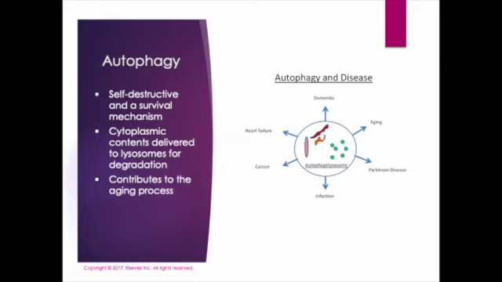However, dysfunction of autophagy allows harmful agents to accumulate in our cells, and this process is implicated in several types of diseases. Think of dementia, Parkinson's disease, Huntington disease, heart failure, and cancer as examples where there's a dysfunction of autophagy. It can also be a component of the aging process itself.